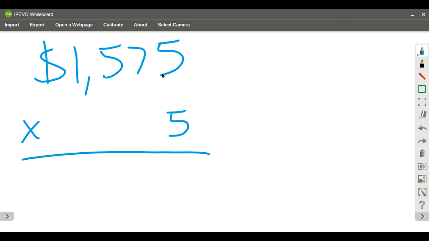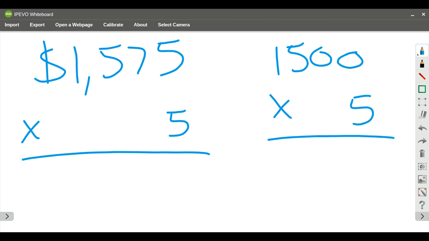If I round it, it would be 1,600. Well, I don't know what 16 times 5 is, but I do know what 15 times 5 is. So I'm going to round this to 1,500, and I'm going to multiply it by 5. So 5 times 15 is going to be 75. And then I put my 2 zeros after. So I have 7,500. Okay, so my answer needs to be around 7,500.